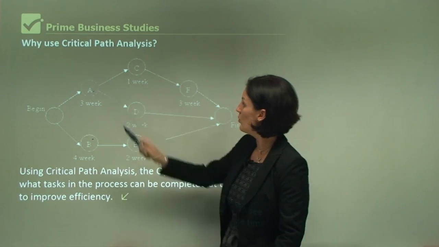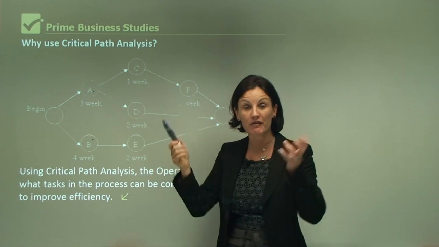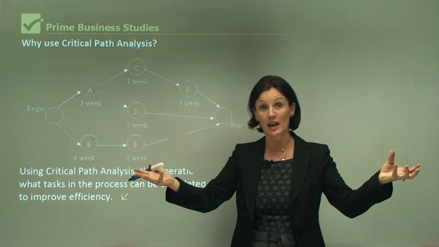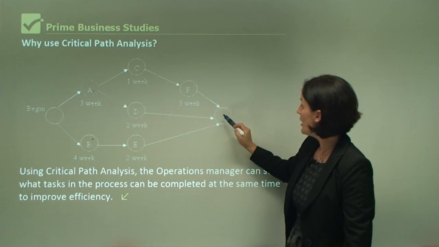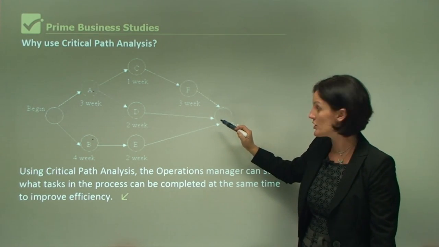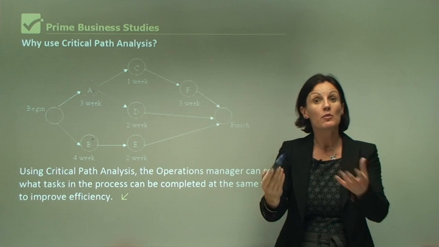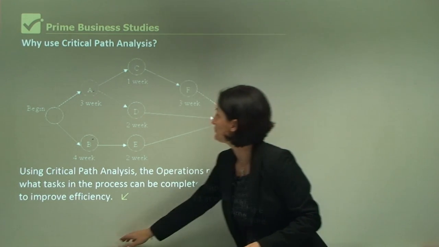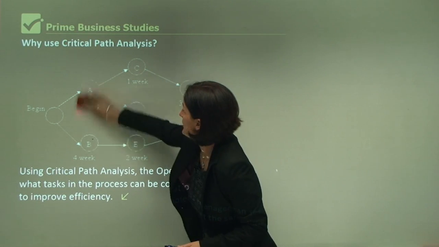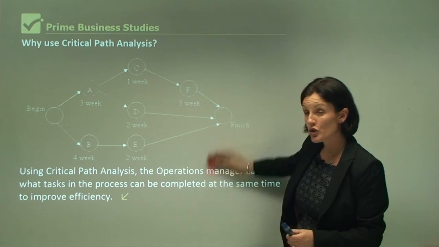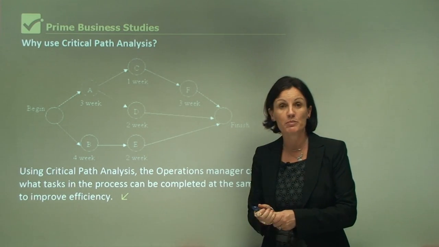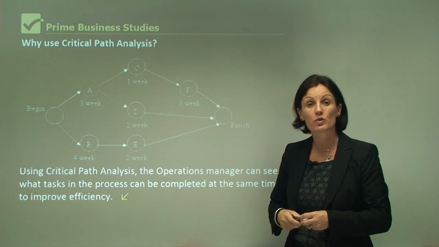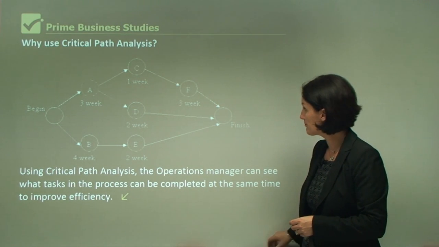Why would we do A and then B if we can have them both being produced at the same time? Because that's going to mean that our lead time is reduced and our output is produced for the consumer in a shorter amount of time. So critical path analysis is a newer strategy, and modern businesses are taking it on board to improve their lead time.